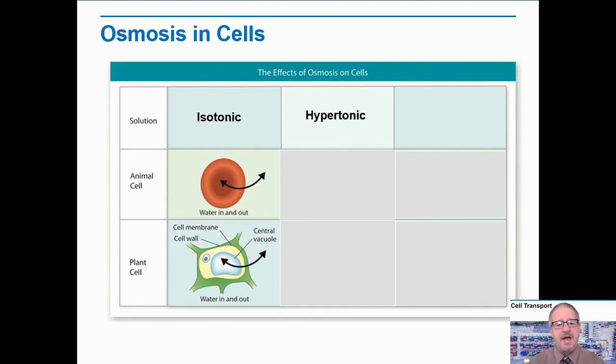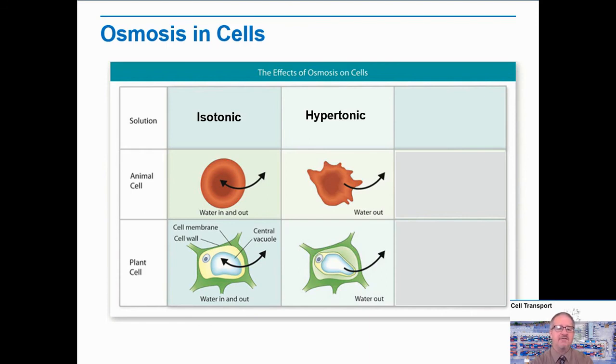If we had a hypertonic solution, what would that mean? Well, that means that the solution has a higher solute concentration outside of the cell than inside the cell. So in this case, which way would the water flow? Well, there would be a net movement of water molecules out of the cell.